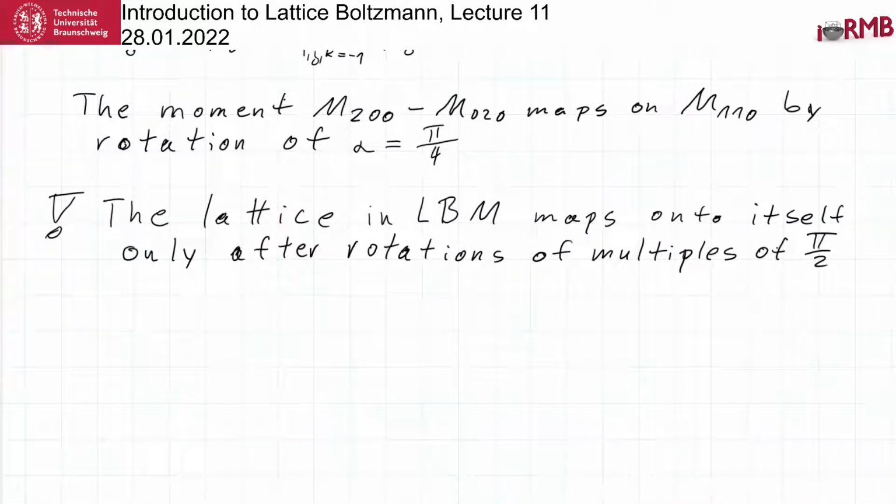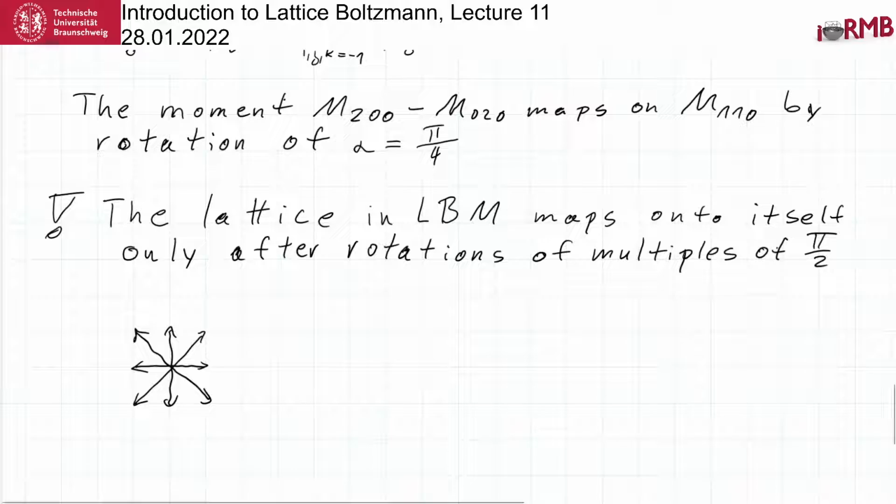Okay, let's look at this now. Say this is our lattice. And we rotate it by pi half, so then it will map onto itself.